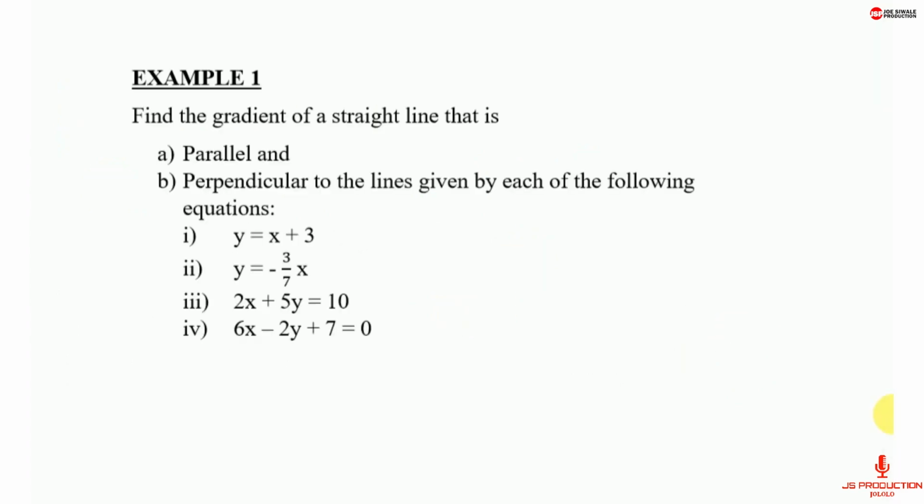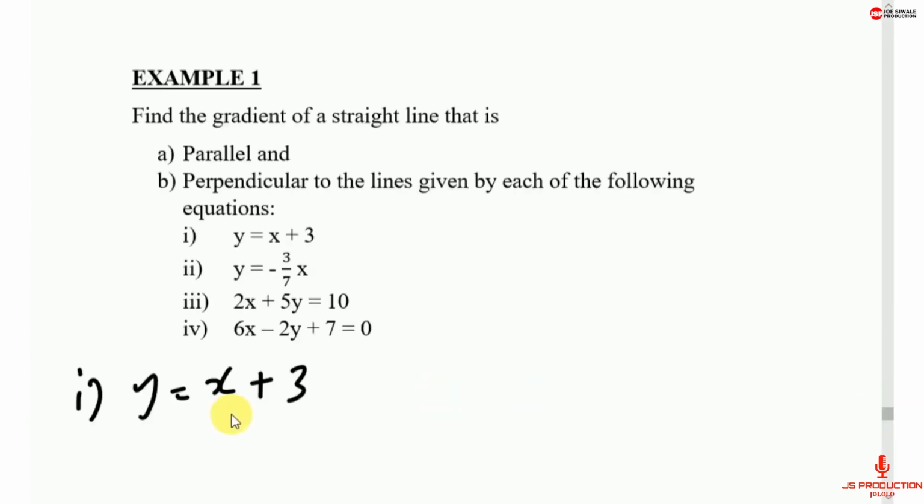Example 1 reads: find the gradient of a straight line that is A, parallel, and B, perpendicular to the lines given by each of the following equations. Roman numeral 1: y is equal to x plus 3.